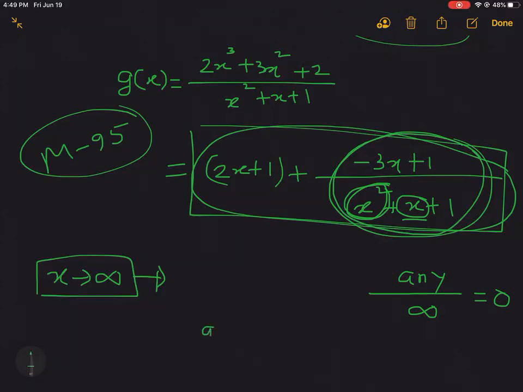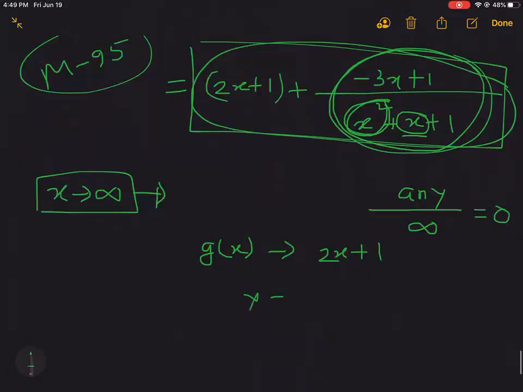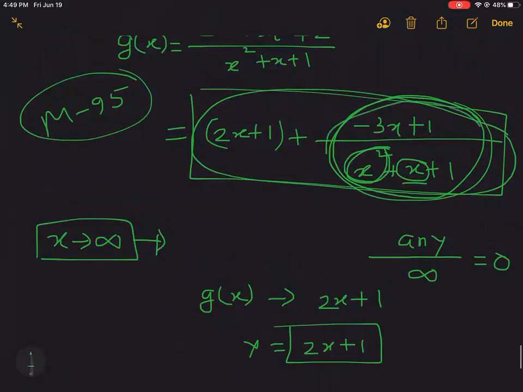So this g of x will be close to this 2x plus 1, and that's the oblique asymptote. Whatever you have which will tend to 0, we say in maths that it tends to 0, that means it will go close to that but not quite.